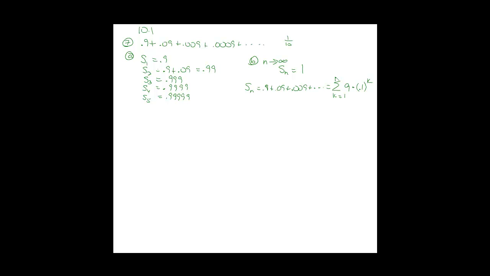So if I'm summing up the n terms, I would start with 9 and I would multiply it times 1/10 all the way up. Now, there are several ways of writing this, but then we could just say that it approaches, and we would say the limit, as n approaches infinity, of this sum, k equals 1 to n of 9 times 0.1 to the k, is approaching 1.